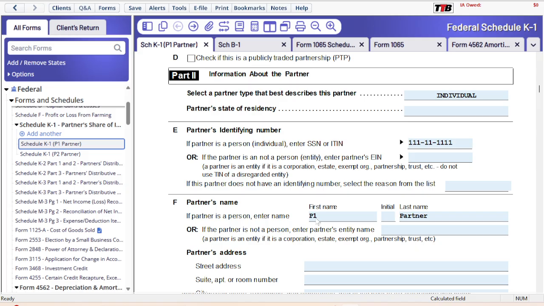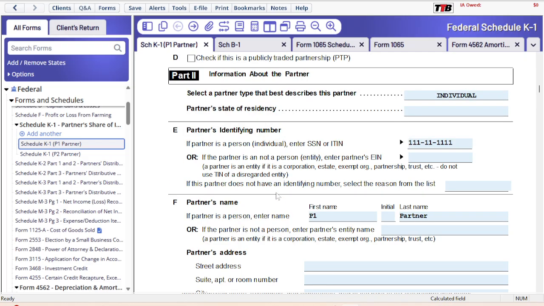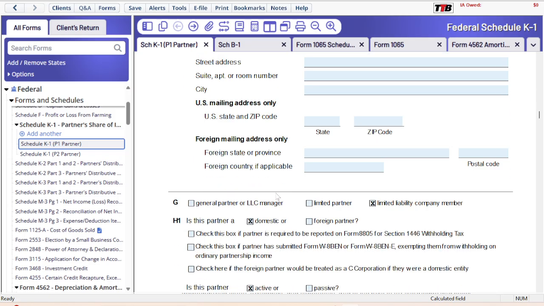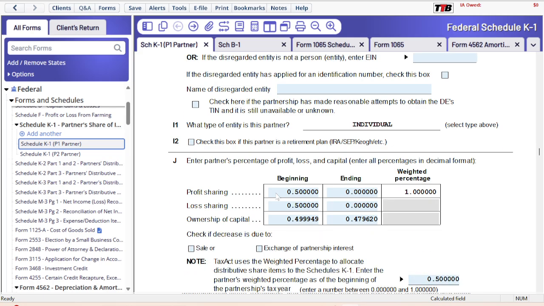That's the partner 1 first name, partner 1 last name. Okay, and so pretty much we are not going to do much here, but it brought us here for the partnership, and here is Schedule K-1 though, but that is where it wants us to make the adjustment here.